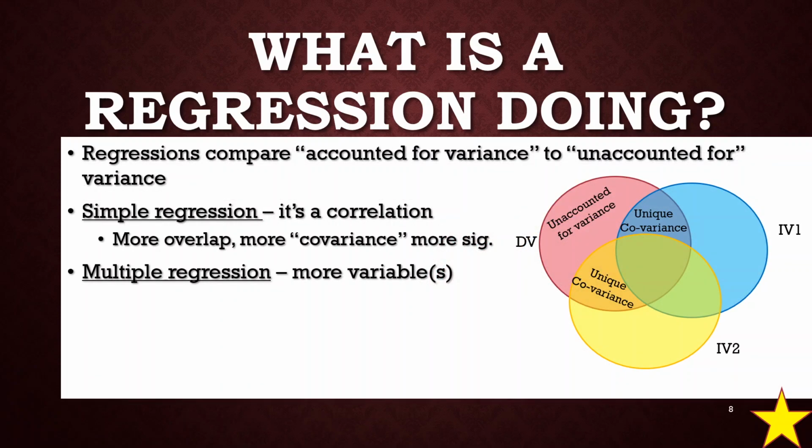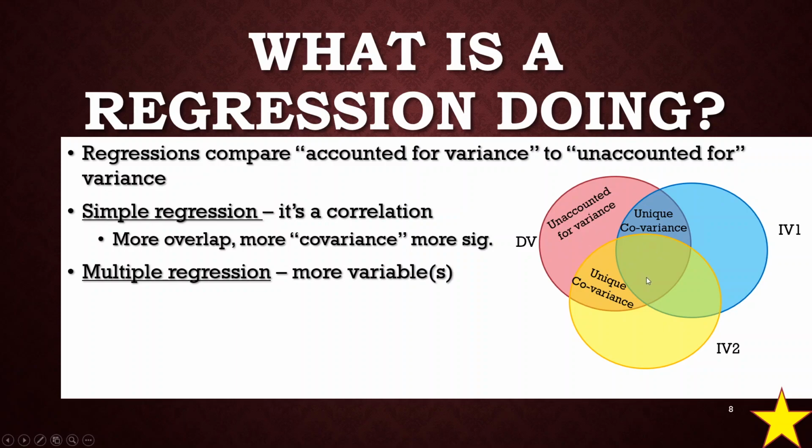If we look at a regression with multiple variables, what actually happens is that the significance of every individual variable in that regression is only based off of the unique covariance it has with the dependent variable. So in this graph we have independent variable 1, 2, and your dependent variable. How significant independent variable 1 is comes from a comparison between the unique covariance of independent variable 1 and the unaccounted for remaining variance of the dependent variable.